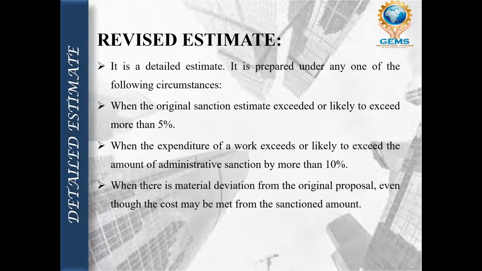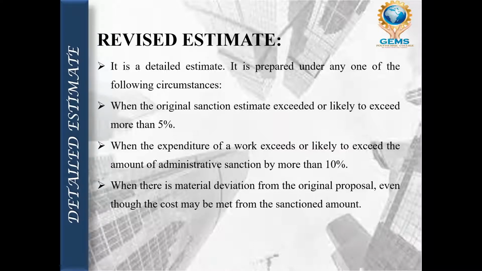When there is a material deviation from the original proposal, even though the cost may be met from the sanctioned amount. If we need more materials, or the equipment cost is higher, many reasons are there, right? For these reasons we have to do a revised estimate. We have to again revise the estimate we have already given to the administration.